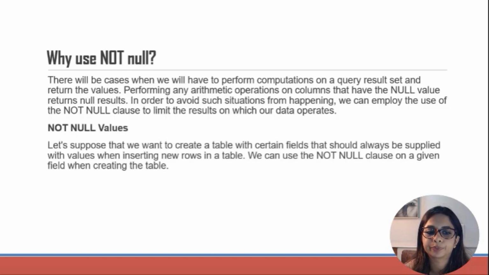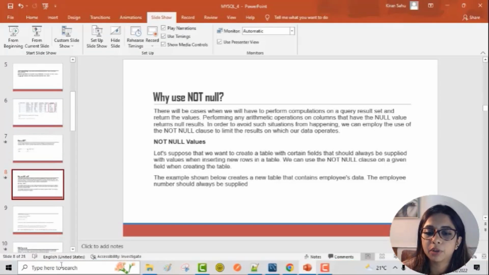Example: suppose we want to create a table with certain fields that should always be supplied with values when inserting new rows in the table. So this is where we are going to learn about null as a keyword. Like, how can we use null as not just an entry or a value, but also in a query, as a keyword. We'll see that, but let me give you an example of null as a value first.